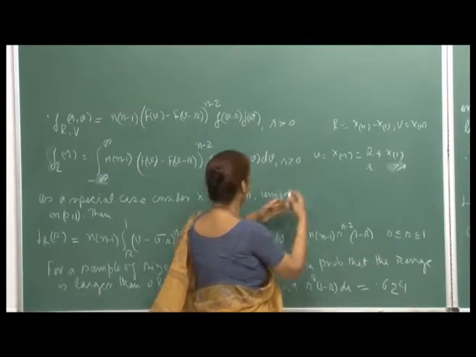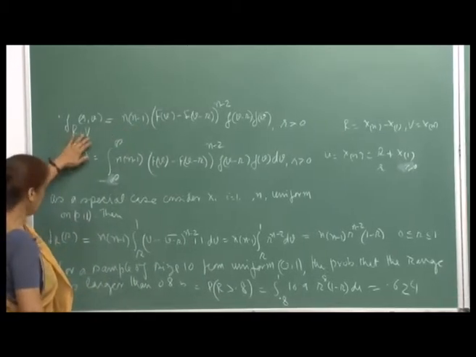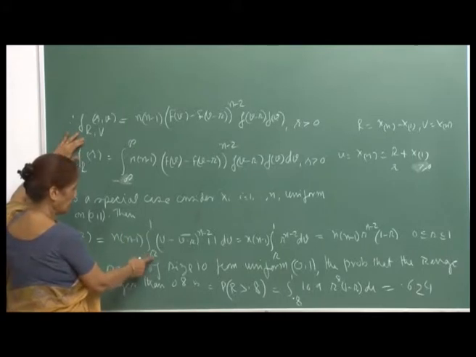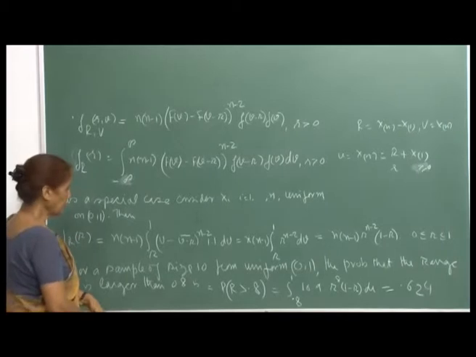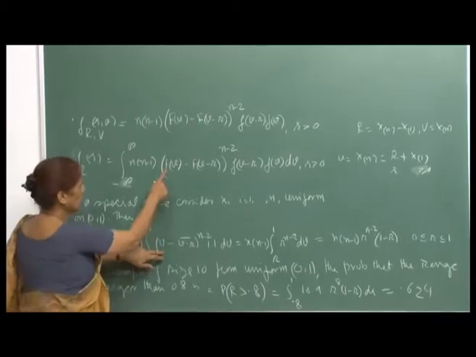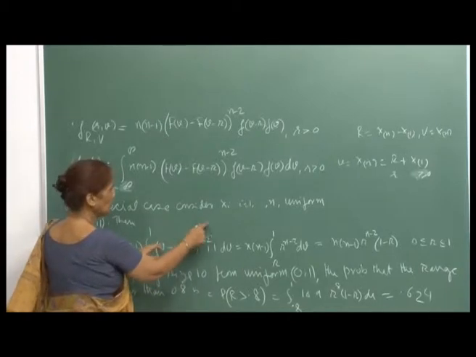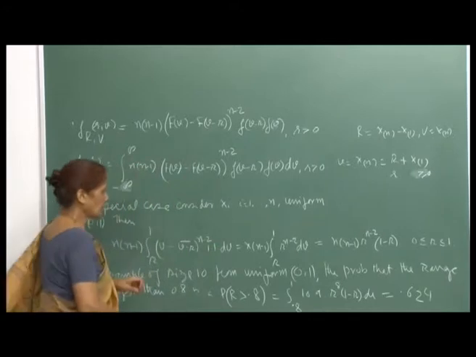So now in the joint density function you are integrating with respect to V to get the PDF of R. The range will be from r to 1, because the variables are from 0 to 1. So this will be V minus r raised to n minus 2, and both the PDFs are 1, 1, dV.